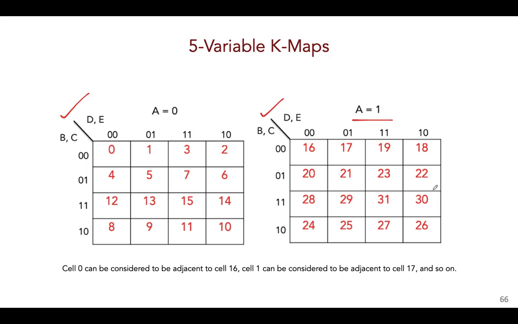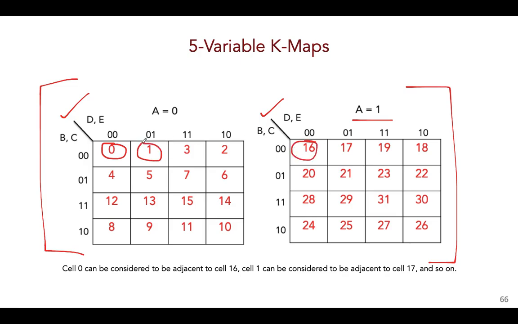Now this set together represents a single 5 variable K-map, for variables a, b, c, d, e. In this case, cell 0 is considered to be adjacent to cell 16, 1 is adjacent to 17, 3 is adjacent to 19, and so on.